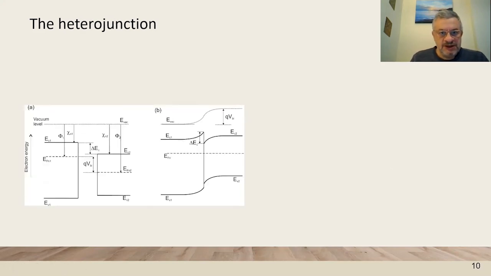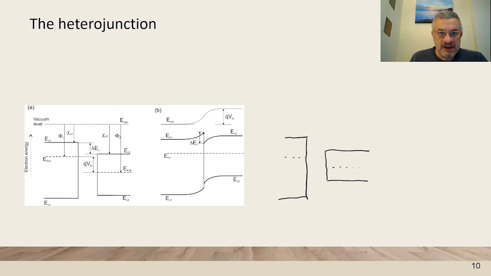In a heterojunction, we join two materials but they have a different bandgap. So that they also form the band bending to achieve equilibrium, which brings the Fermi levels together, but the band edges do not match.